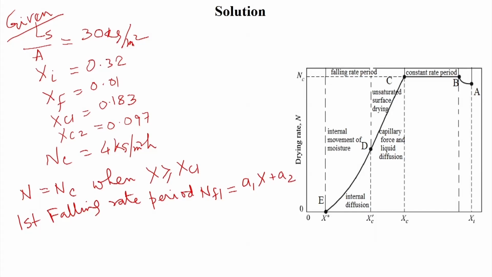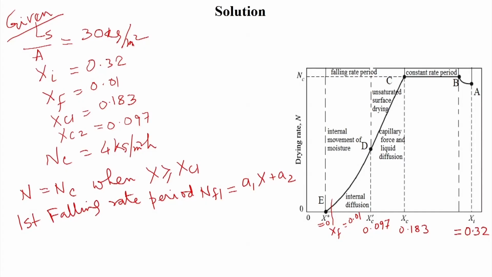Xi is given as 0.32, Xc1 as 0.183, Xc2 as 0.097, Xf as 0.01, and x star is equal to 0, as given in the problem.